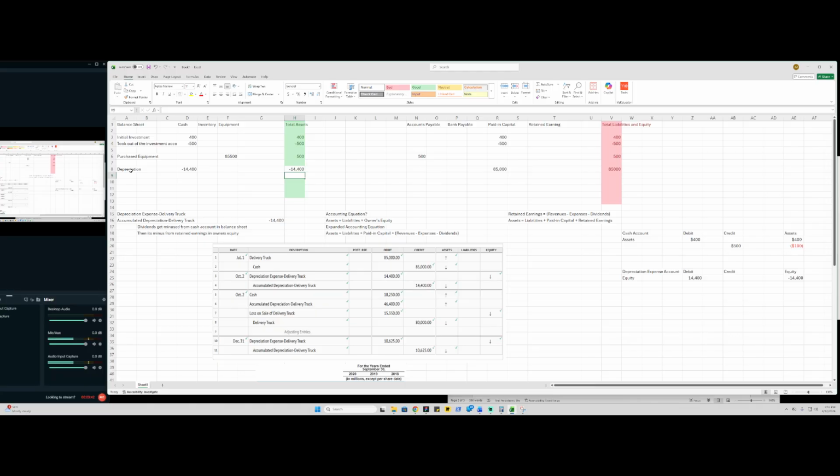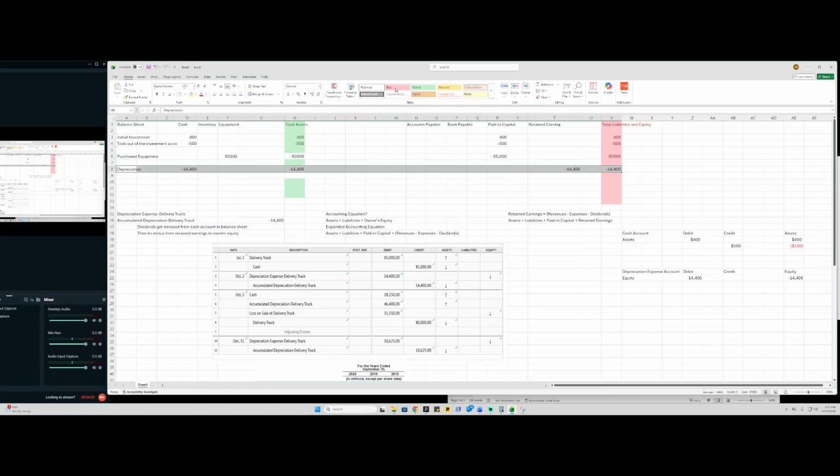Then this depreciation account also gets subtracted from the retained earnings account, like such. Okay. Like such. Purchase equipment. Okay.